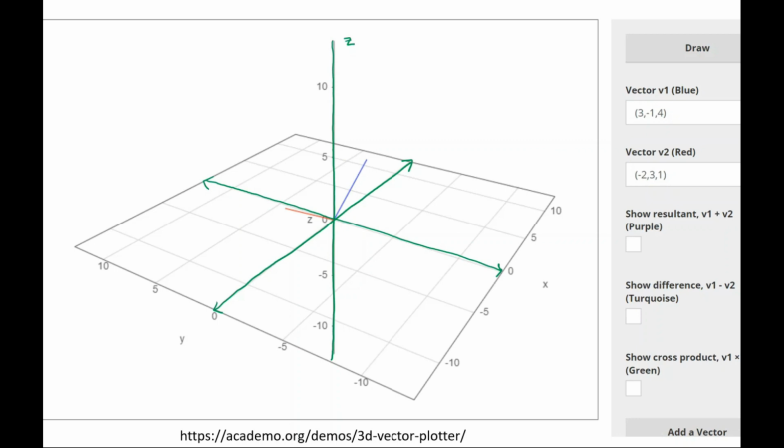Oh, sorry, the vertical line is the z-axis. So we look at the blue line.